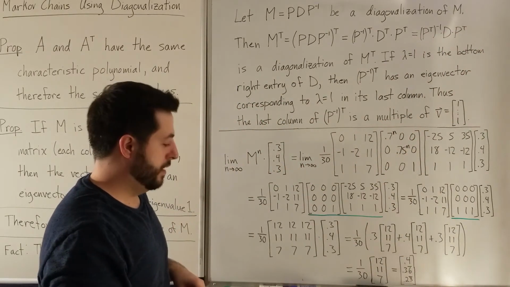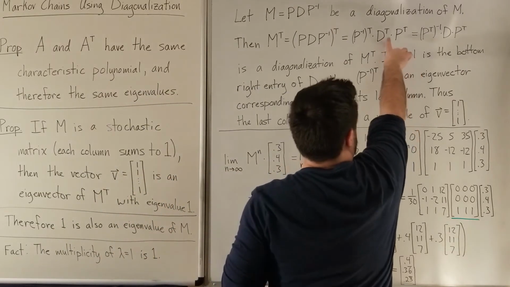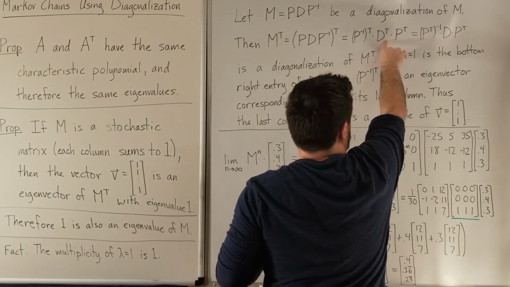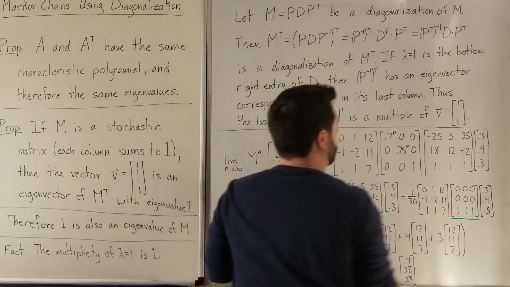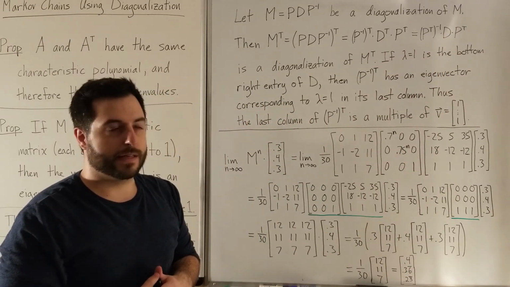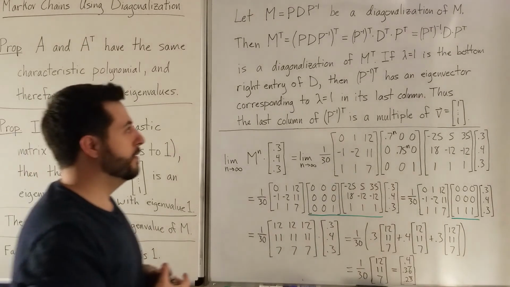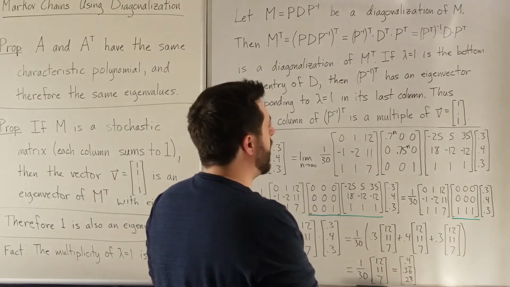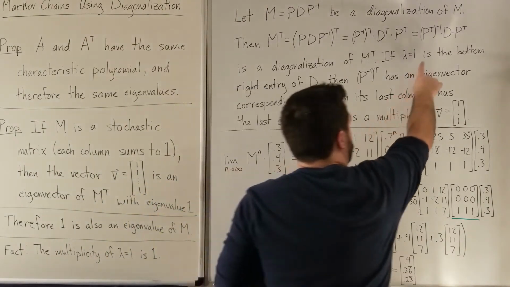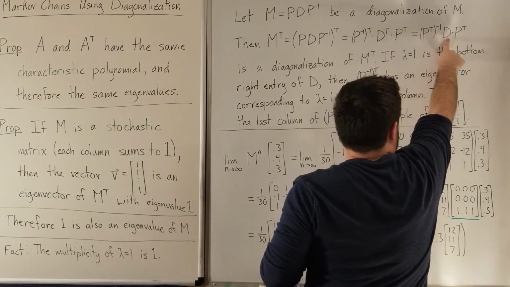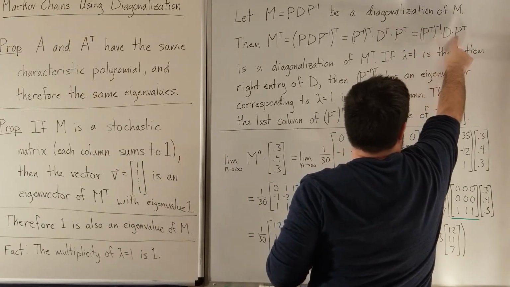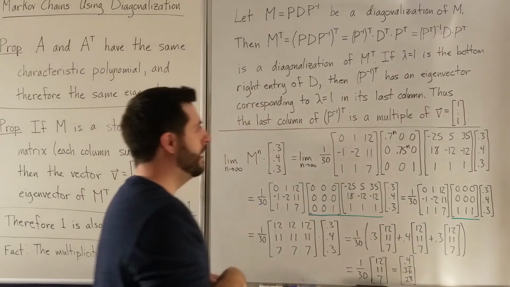And therefore, well, also I should point out that the diagonal matrix transposed is still the same diagonal matrix. The transpose does not change anything about a diagonal matrix. So that is just D again. And we have an invertible matrix times a diagonal matrix times the inverse of that invertible matrix.